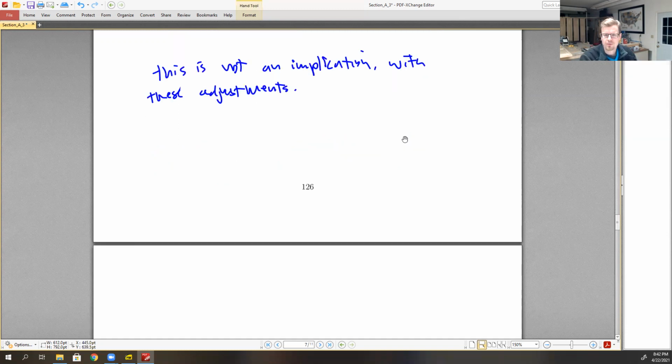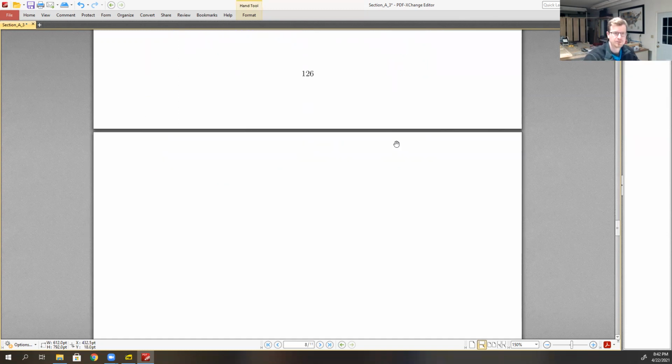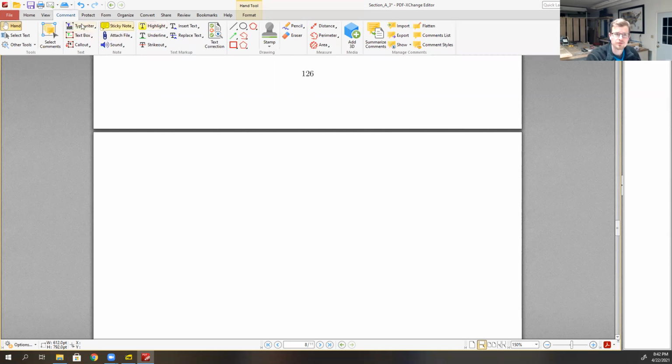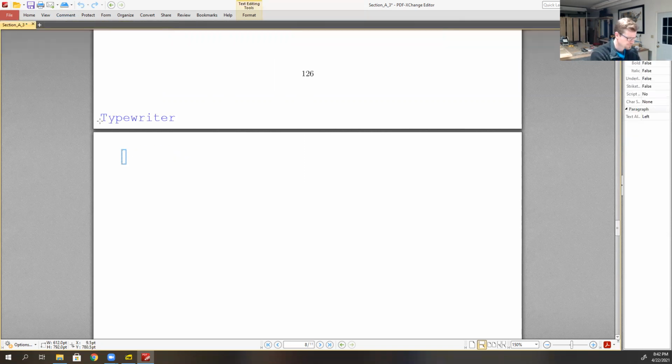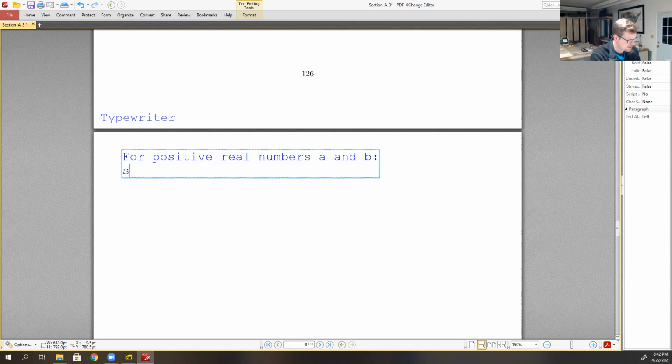Excellent. So with it like this, what we'd like to prove is, for positive real numbers a and b, that the square root of a plus the square root of b is not equal to the square root of a plus b.